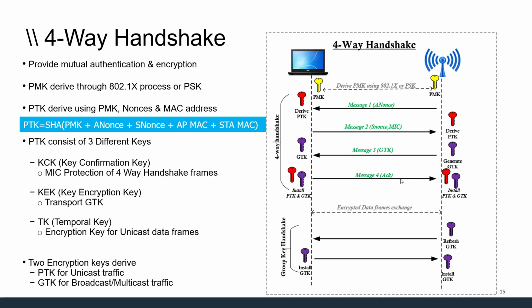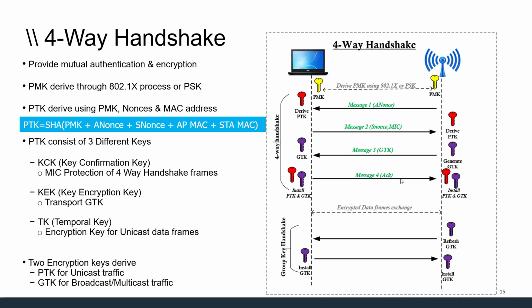In this example of WPA2 Personal, you configure the same password on your client and your access point. Using that passphrase or password you configured, they derive something called a pre-shared key, which is a 256-bit value. That value is used as the seed value to calculate the other key material. Normally that 256-bit key value is known as the pairwise master key, or PMK.